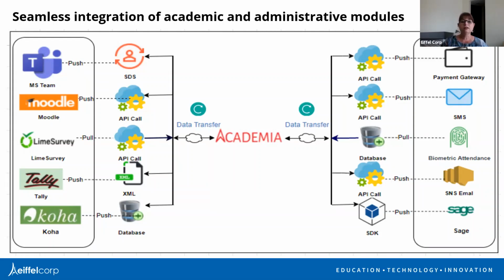These are all examples of typical areas in an institution where there's a need to integrate to an existing system or existing set of data, where the Academia system may be dependent on that data, or where that system may be dependent on data from the Academia system. And we have a very big pool of already developed APIs, as well as an even bigger pool of knowledgeable people who have done these APIs to assist the institutions in that process.